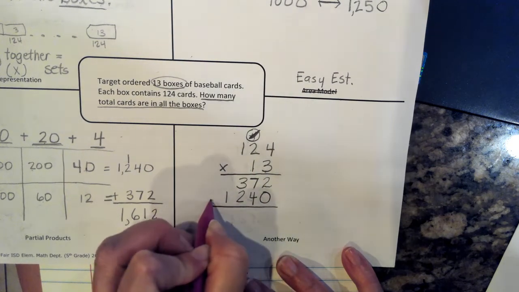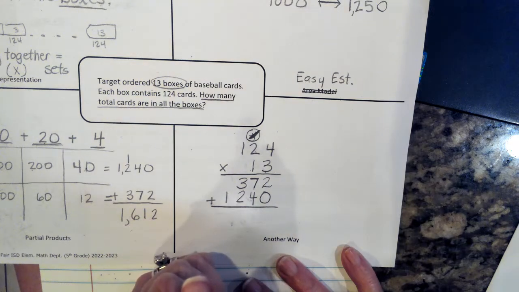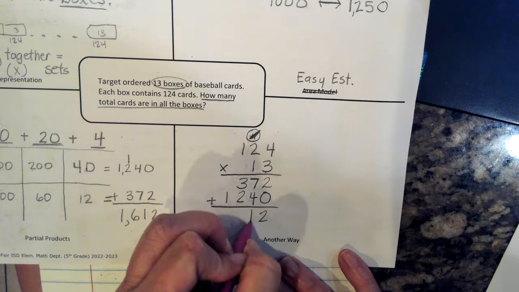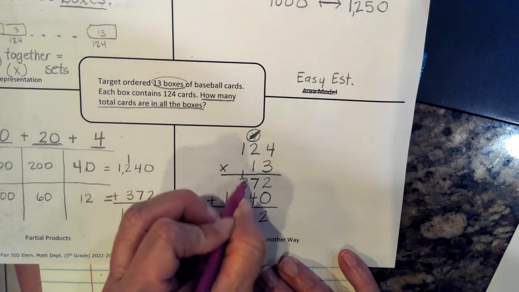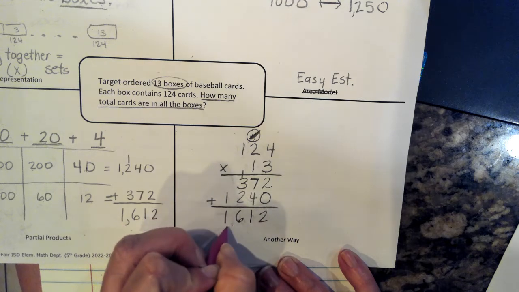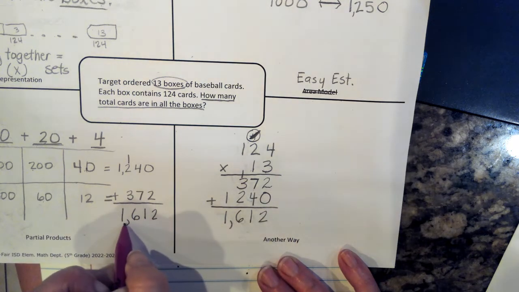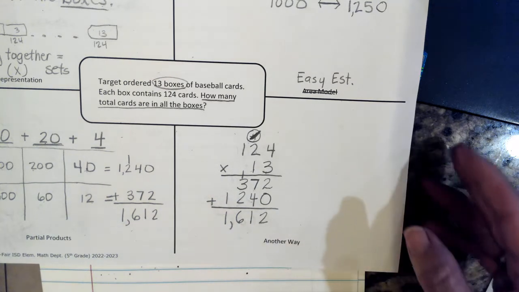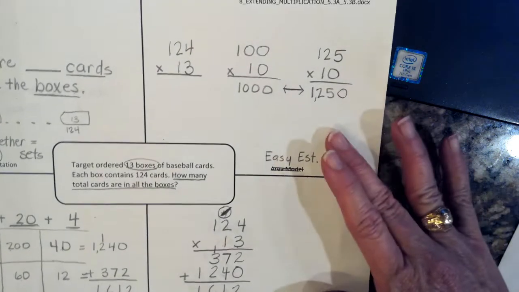Putting those together, we get 2 and 11, and 5 plus 1 makes 6, and 1 plus nothing makes 1. So we get the same number, which is 1,612.